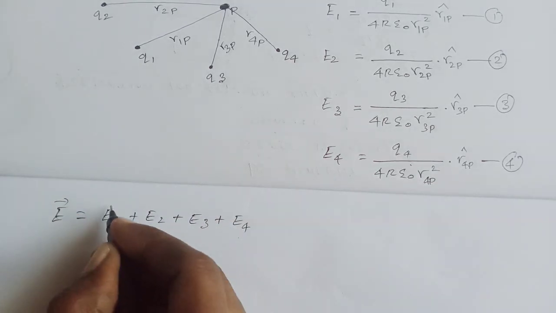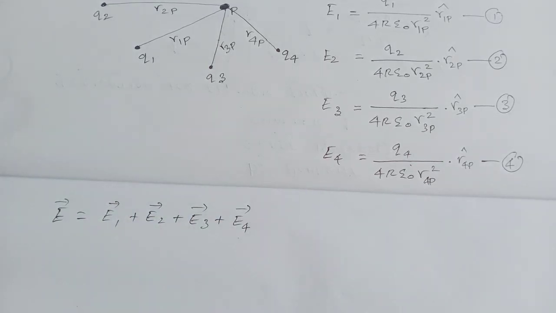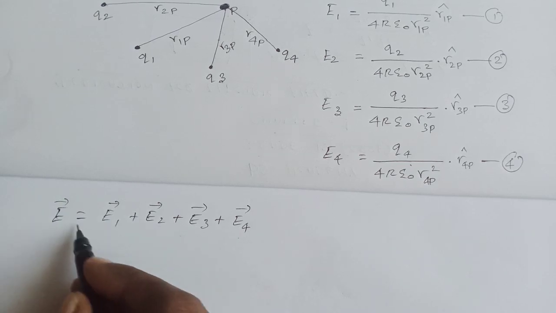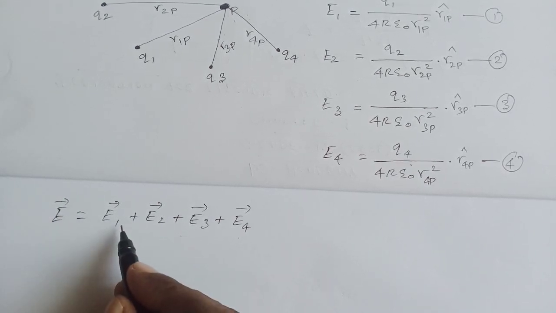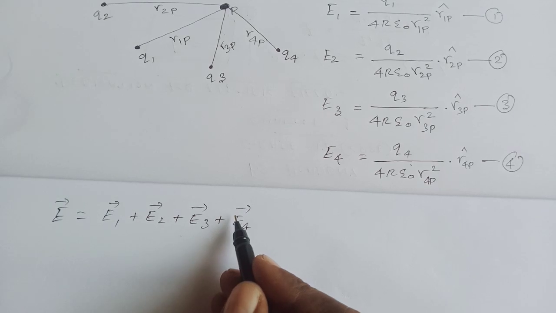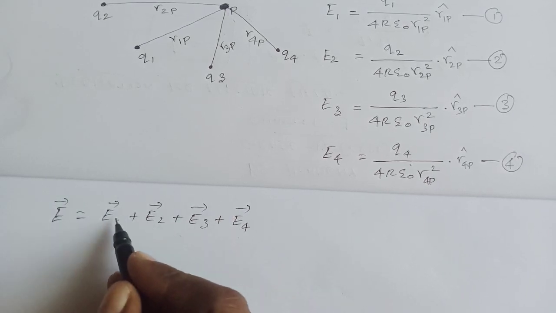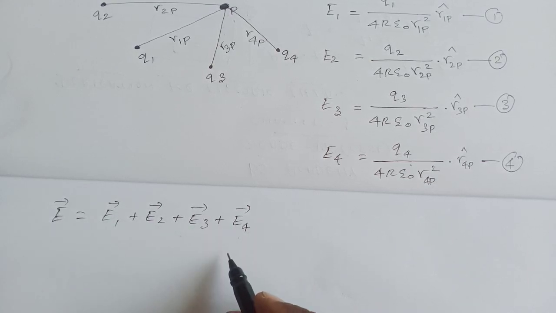You can represent it with the vector symbol because it is a vector quantity. To find the total electric field, we are finding the sum of all the electric fields. This is the superposition principle. So according to the superposition principle, E is equal to E1 vector plus E2 vector plus E3 vector plus E4 vector.